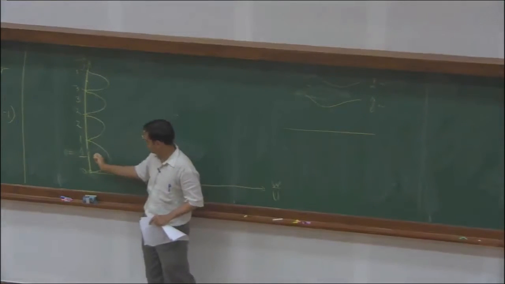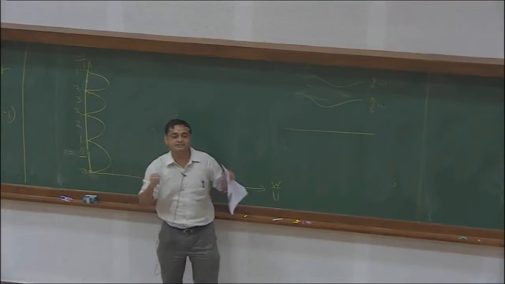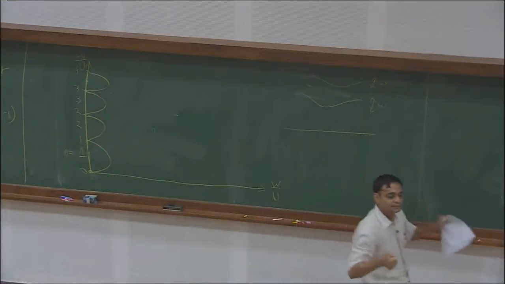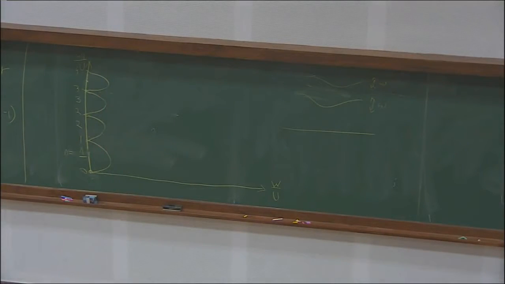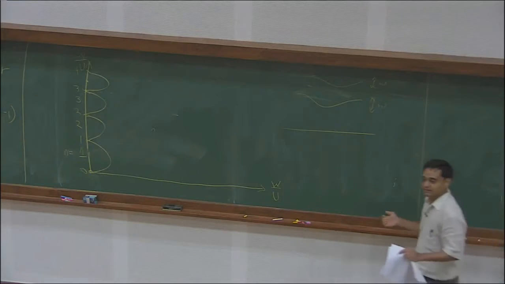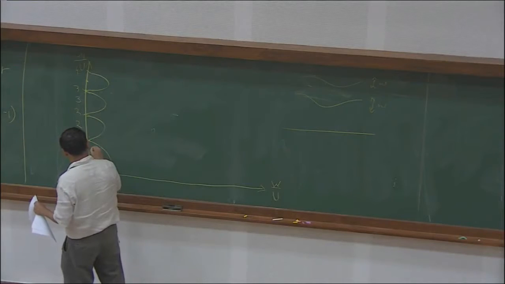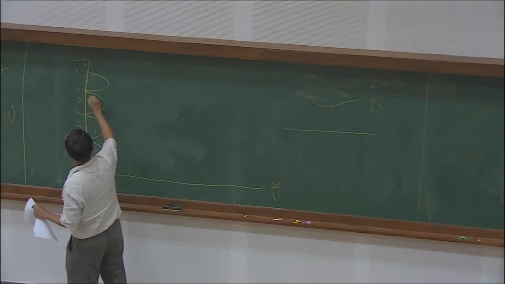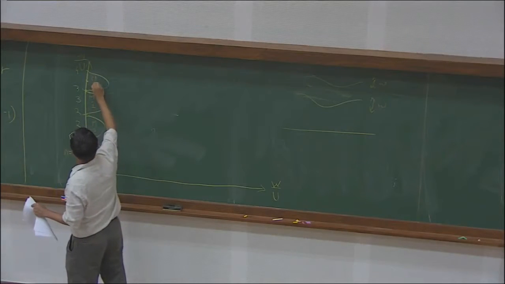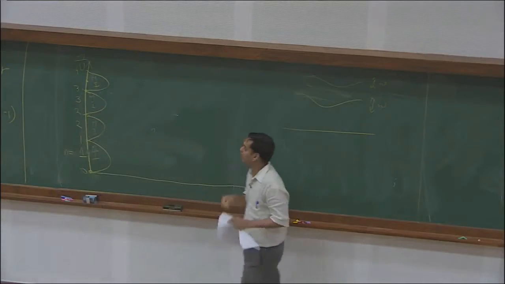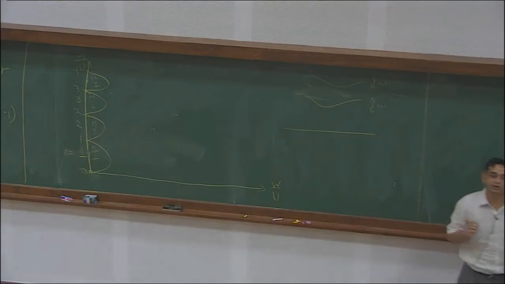Away from it, you will have well-defined stable phases where the system likes to have a fixed integer number of particles per site. And the kinetic energy cannot do much to change that state of affairs, right? So this is an insulating phase. It's called a Mott insulating phase.